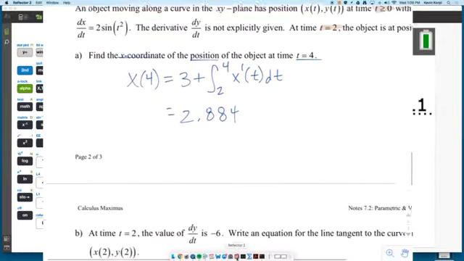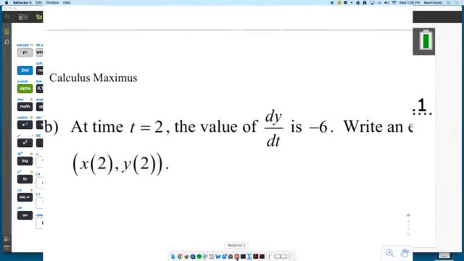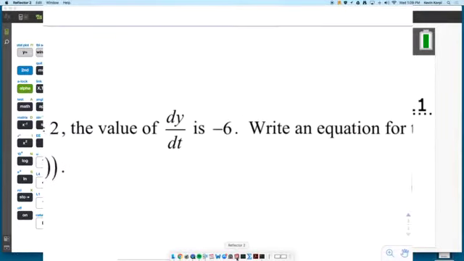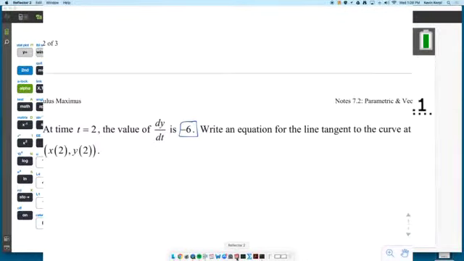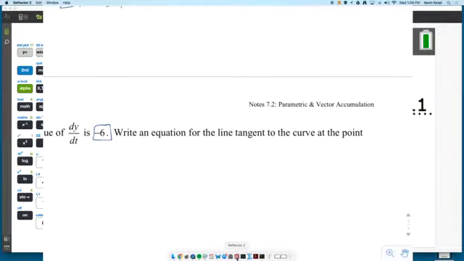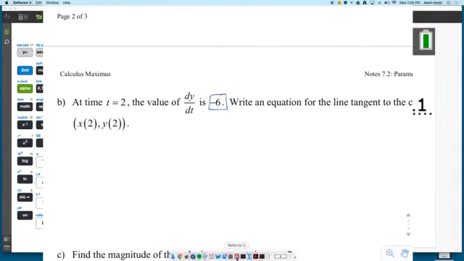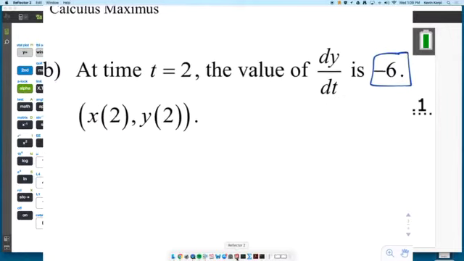No. Okay. Part B. At t equals 2, the value of dy dt is negative 6. Oh, okay. Write an equation for the tangent line to the curve at that point. X sub 2, y sub 2. All right, so I need two things for the equation of a tangent line. I need the slope and a point. The point is x sub 2, y sub 2.